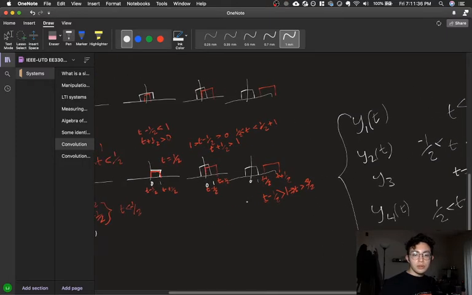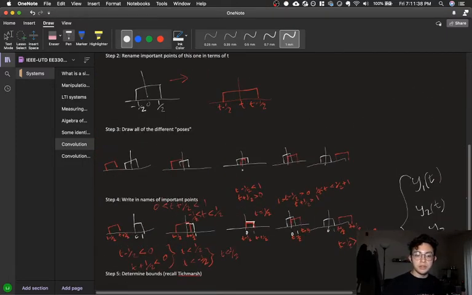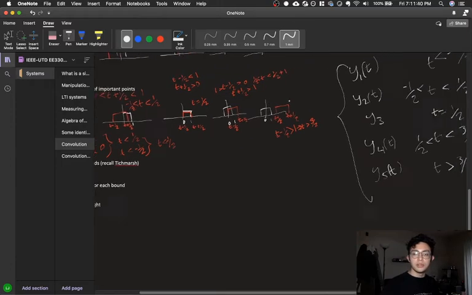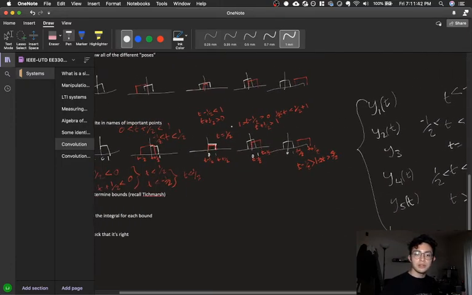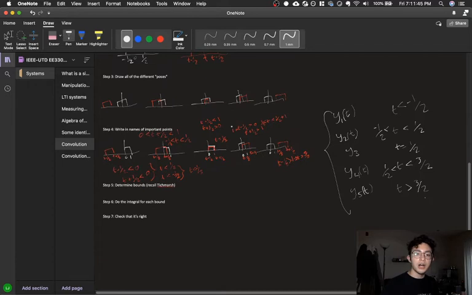Right, so after you do all those steps, basically, you can determine the bounds. That's kind of a long way of determining bounds here. The way that I like to do it is using that theorem that we went over a second ago.